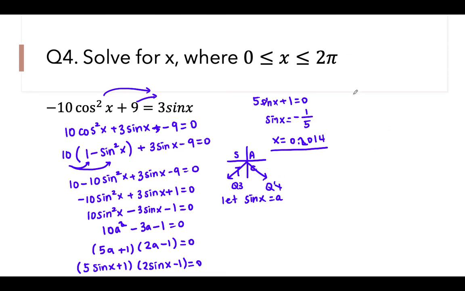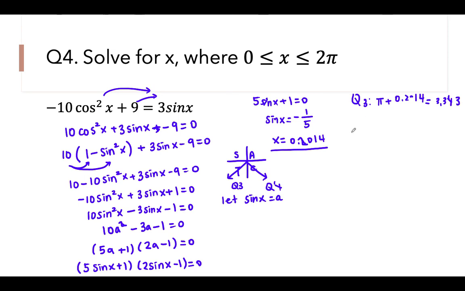So for quadrant 3, it's going to be pi plus related acute, which is 0.2014. So you can do 3.14 plus 0.2014, and that will give me 3.343.